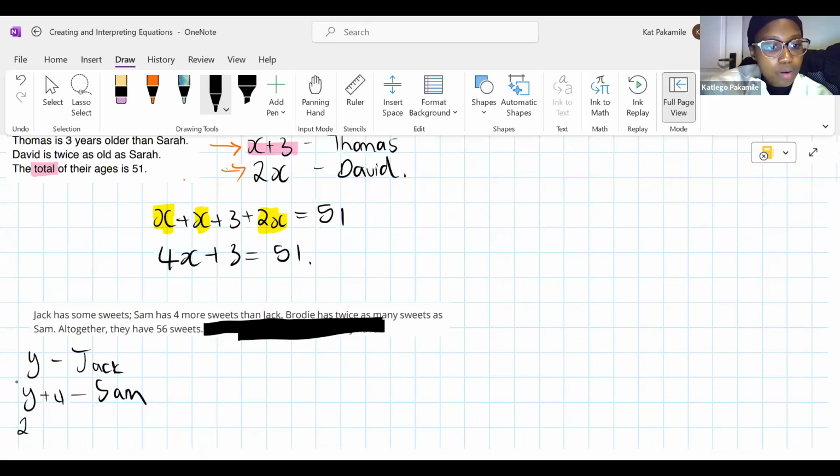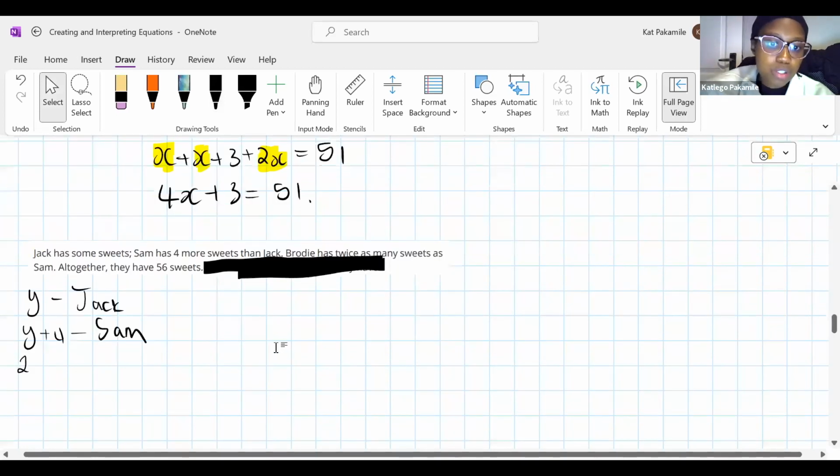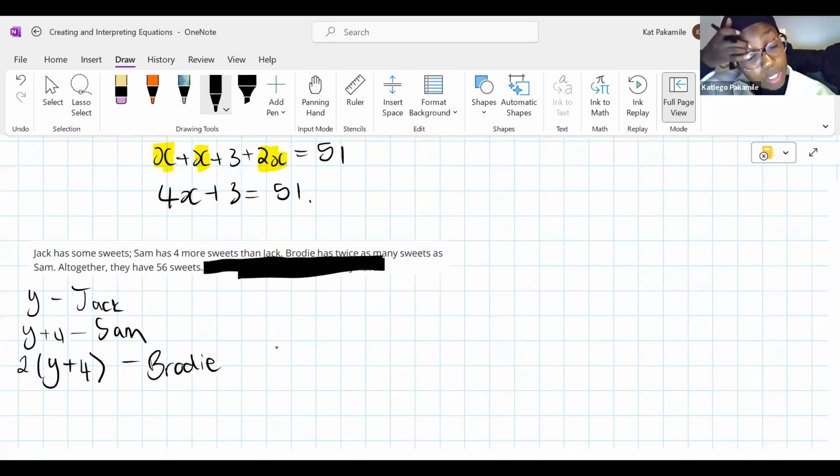So what do I write here? It will be an open bracket. There we go, Tato. Y plus 4. We have to write brackets so that you make sure that you distribute that 2, and this is Brody. So give me an expression to represent their sweets.